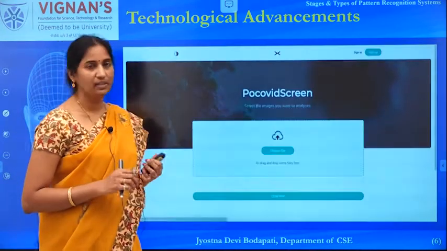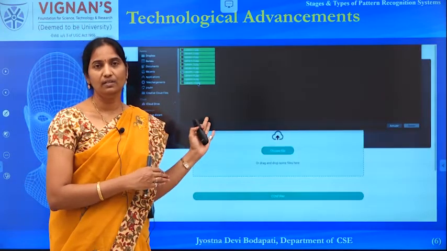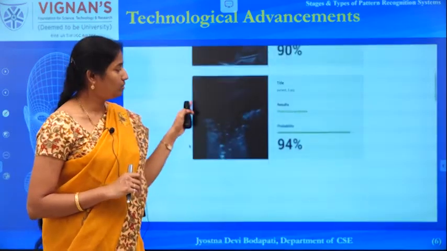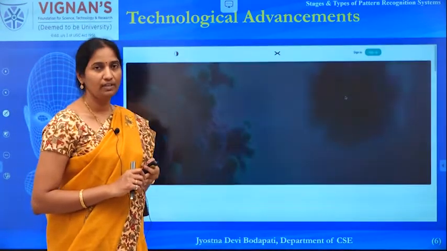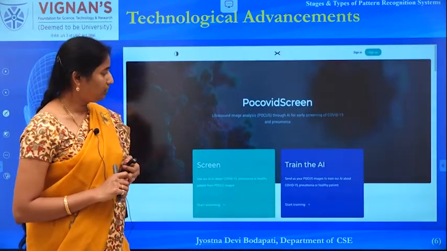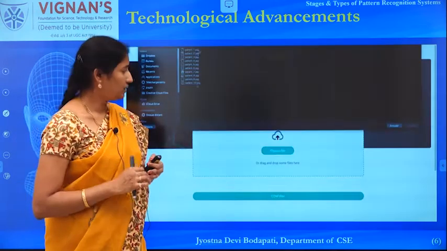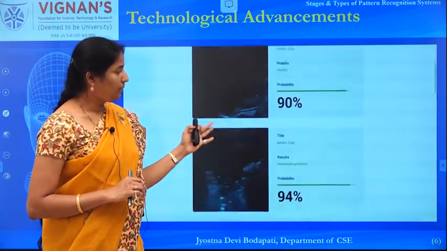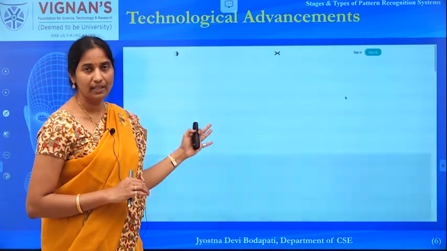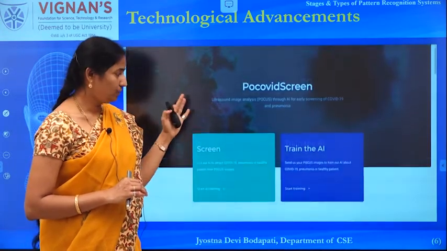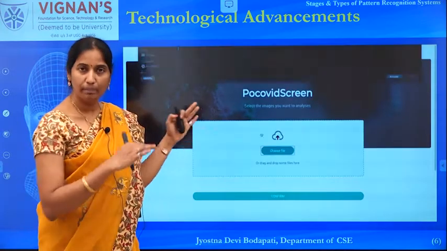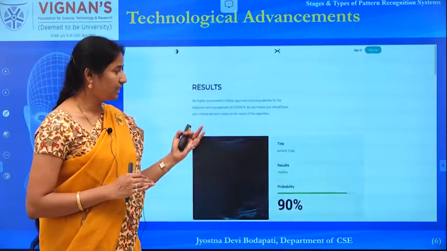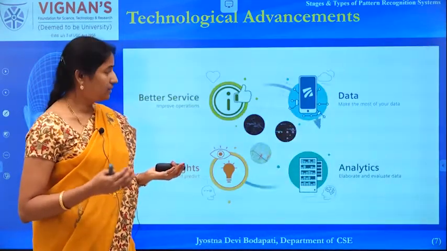And if you consider COVID, you must have seen the COVID prediction applications recently. Apollo has introduced this kind of application. Given the lung scan of the patient or the person, the product will give the probability of the chances of getting affected by COVID, that is, what the chances are that the person is affected by COVID. These are all the kinds of recent advancements that we are seeing in recent life.